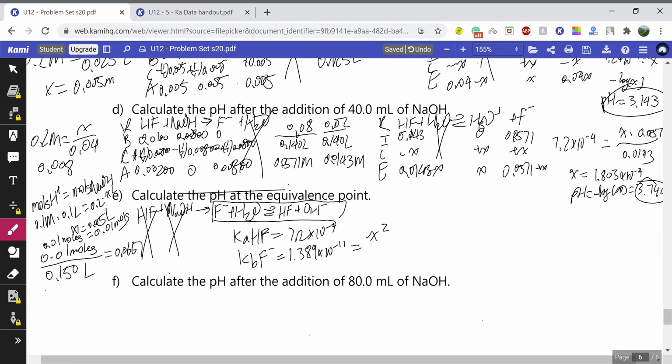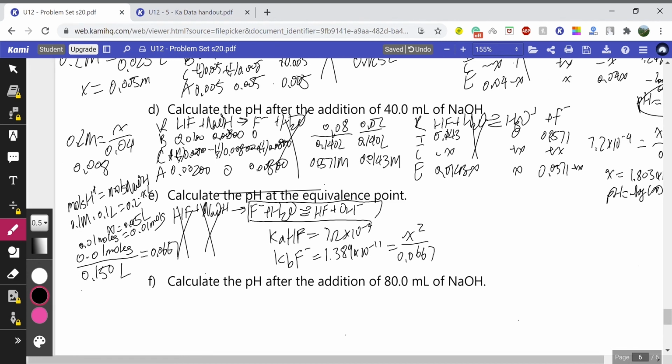The x and x come down in the products and 0 for the initial. This molarity is for HF and NaOH that get completely used to form F minus, so F minus is our molar of 0.0667. There will be minus x, making the equilibrium 0.0667 minus x, but the minus x will not be counted due to our 5% rule. So on the bottom is going to be 0.0667, with HF and OH minus.